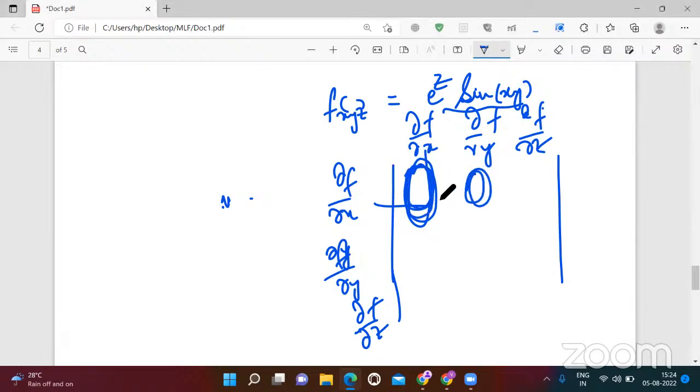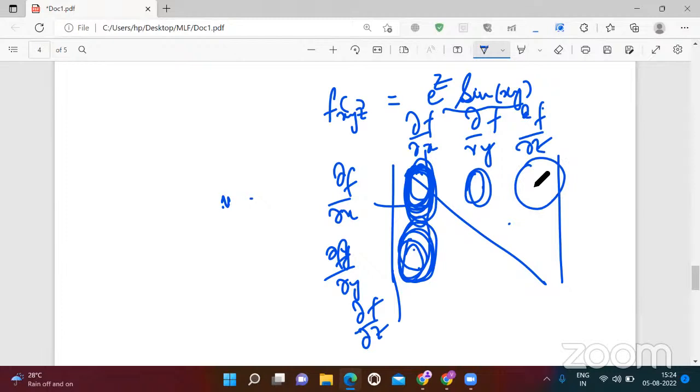Again, here you are differentiating with respect to x and y both, and here also with respect to x and y. So you'll get the same value here, and that's why you'll get a symmetric matrix. I think it's clear. You can differentiate first with x or first with y, whatever you want to do, and then with y or x. Similarly, here with respect to z and x. Similarly, you can do it for all the equations.